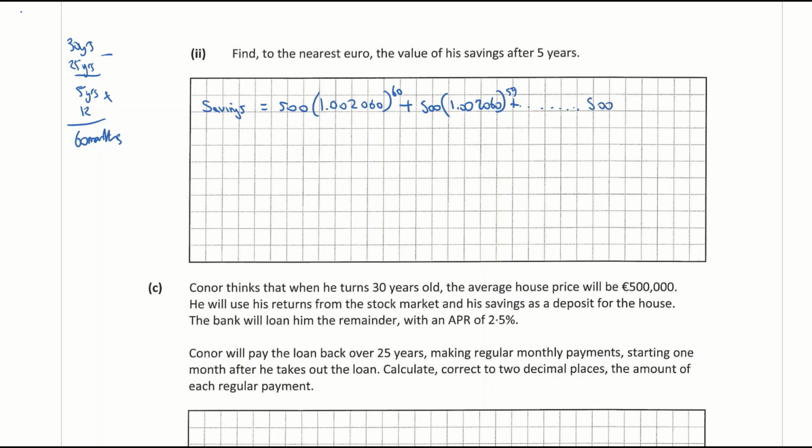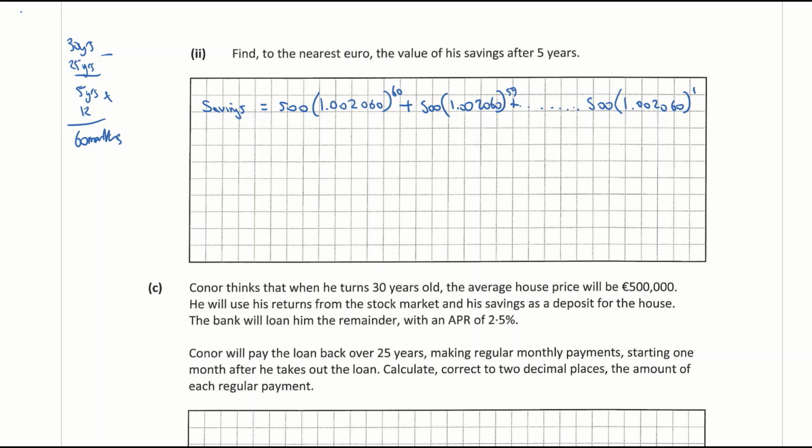So we have to go basically a month before his birthday, which will be €500, lodge that with the interest rate, but it'll only be in there for 1 month. We don't have anything to the power of 0 because he's not putting it in on the last day, that day of his birthday. So it's important that we go back to B there and read that it's been put in at the start of the month and it's not going in at the last day. So that's our sequence that we're setting up.